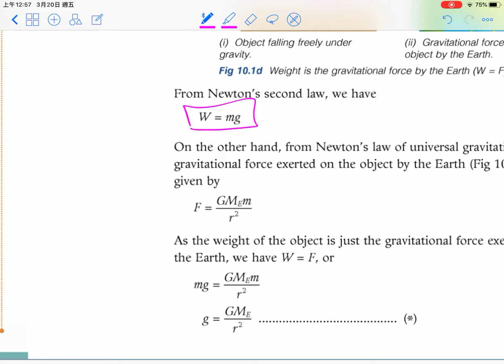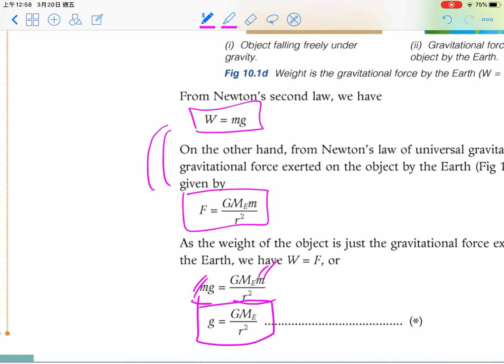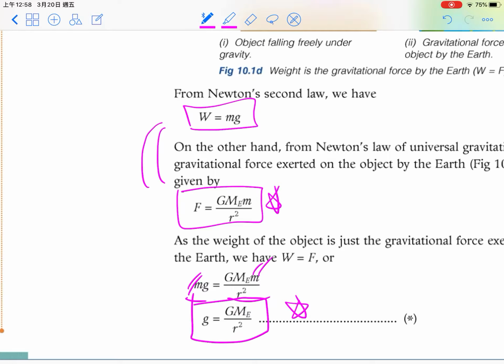Now we have weight, and also we have gravitational force. In this chapter, we know that they will be the same. So mg equals GMm over r squared. We can cancel m on both sides, so we have a new equation. This is a very important equation: g equals GM over r squared.